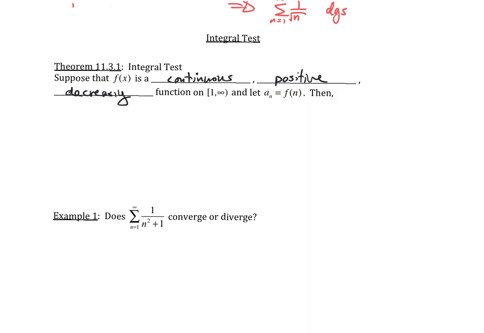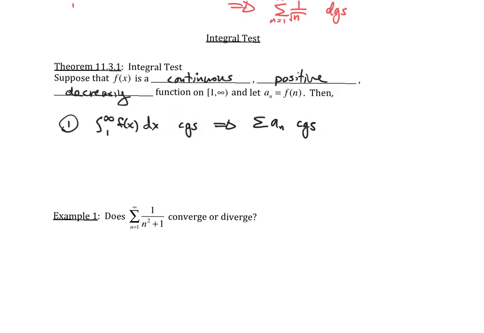Our conclusion of our theorem is going to be the following. There are two cases. The first case is when the integral from 1 to infinity of f of x dx converges. Then this implies that our infinite sum, the sum of a_n, also converges. CGS is my shorthand notation for converges, and we're going to be using that pretty much all the time.